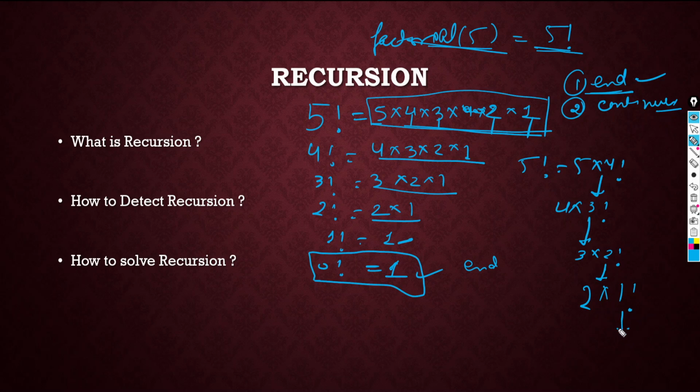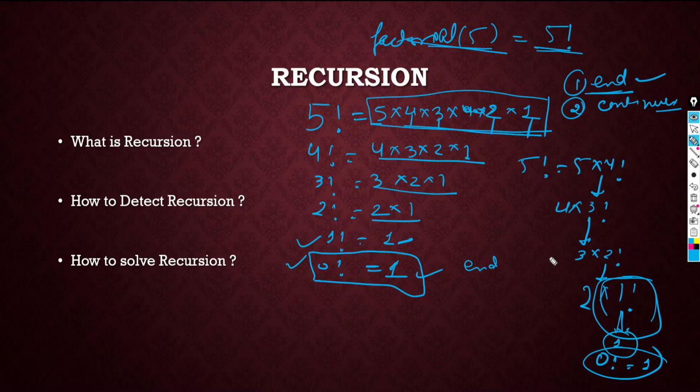And for 1 and for 0, as we all know, the factorial value will be 1 itself. The return should be 1. So 1 factorial will be 1, and 0 factorial will also be 1. So there are two end goals which can give us the correct output, right?